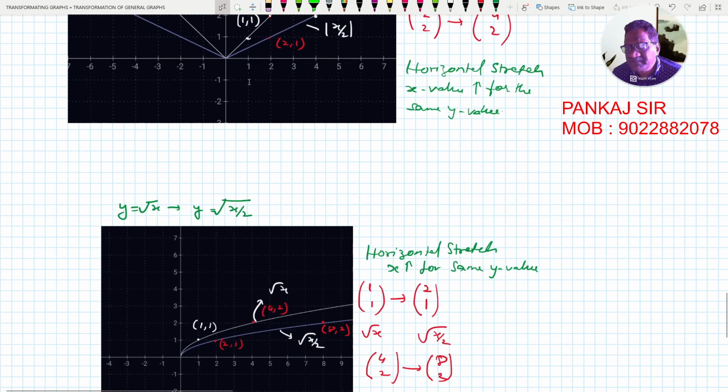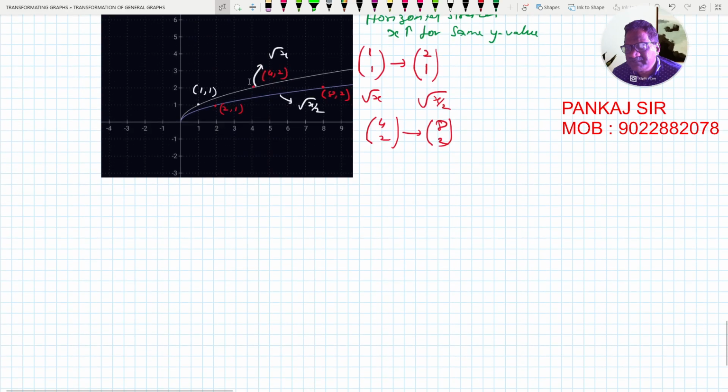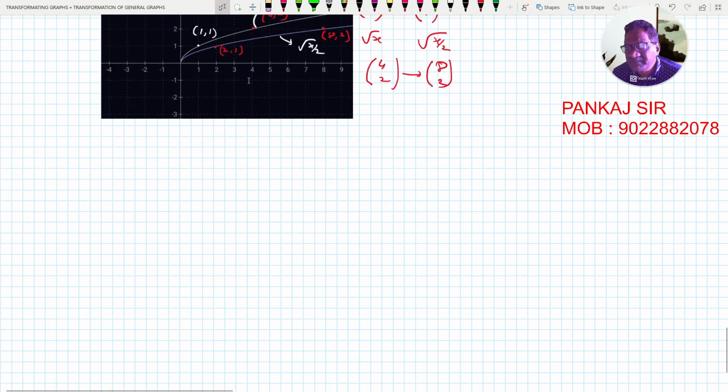If you want to summarize all these four transformations, then y equals f of x. Now this is the final summary. From y equals f of x to y equals f of x plus k will be a horizontal shift, HS meaning horizontal shift.